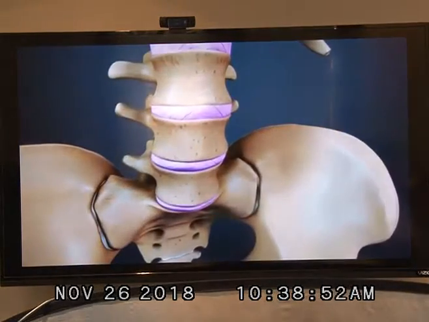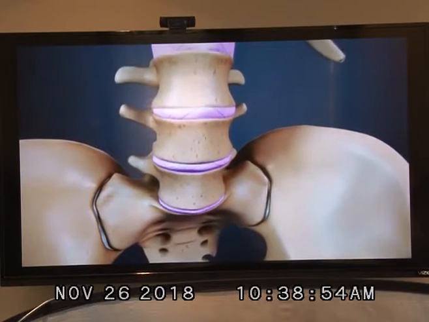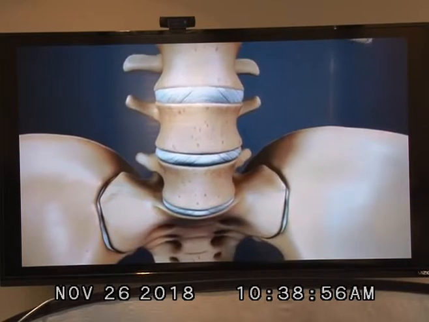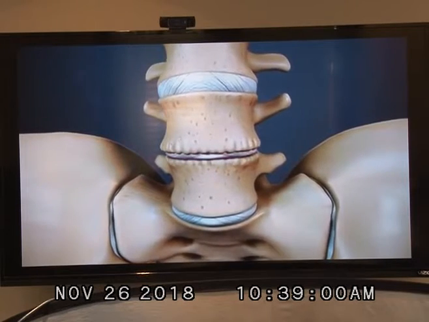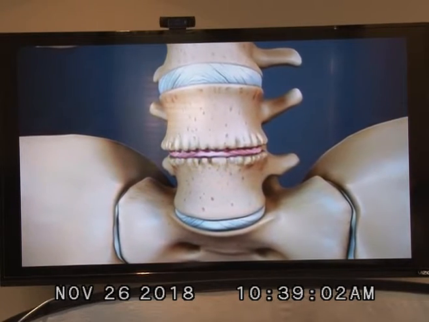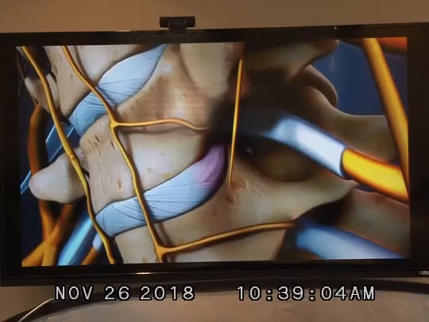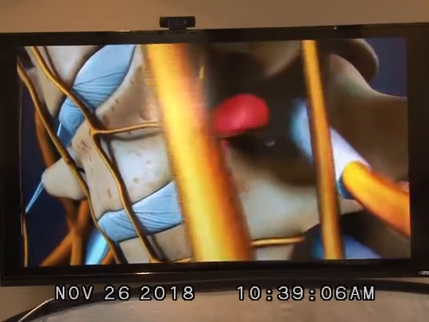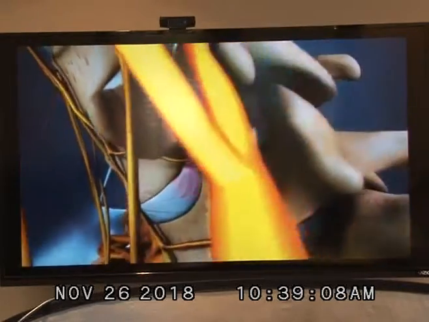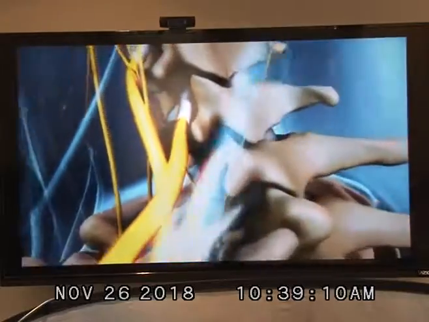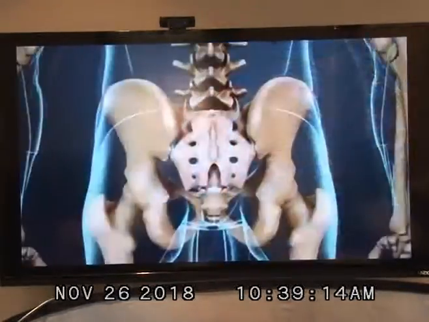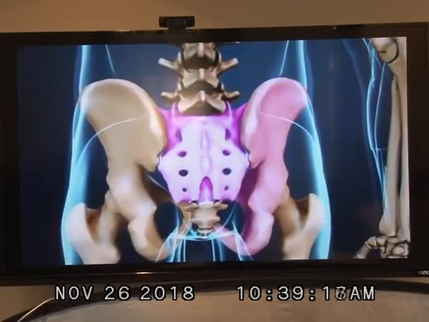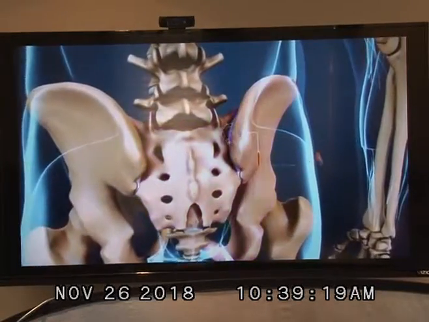In between the vertebrae, the intervertebral discs serve as shock absorbers and help facilitate movement of the spine. These discs can degenerate over time and become a source of pain, a condition called degenerative disc disease. The soft inner core of the disc can extrude, called a herniated disc, and inflame a nearby nerve root. Pain radiates along the path of the affected nerve and into the arm or leg. The sacrum connects the base of the spine with the pelvis at the sacroiliac joint.